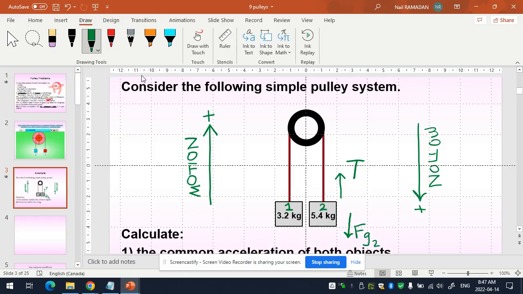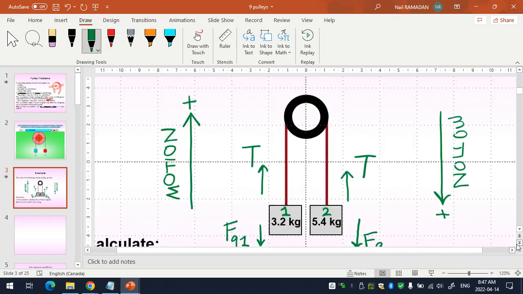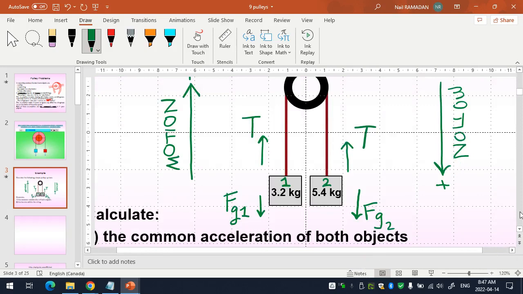Yes, it is. Fg, but Fg1 this time, and same tension. So T and Fg. Sorry, Fg1. Done. Okay, now let's go to the next slide.